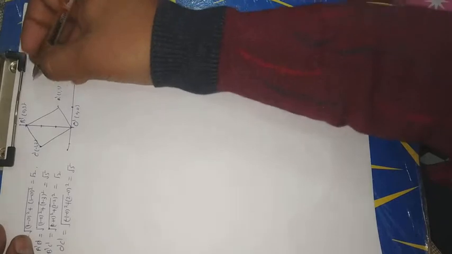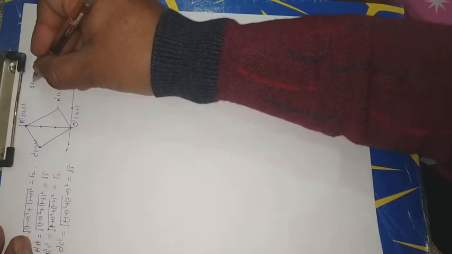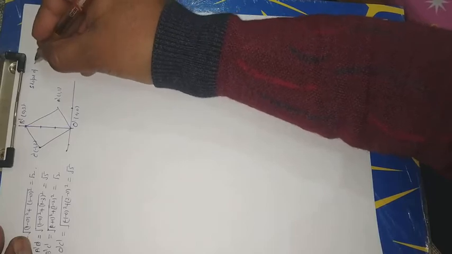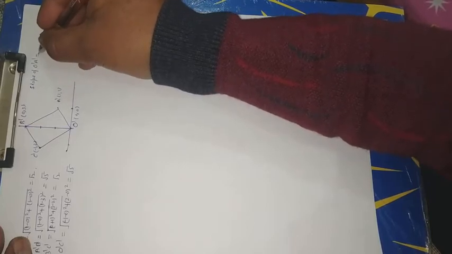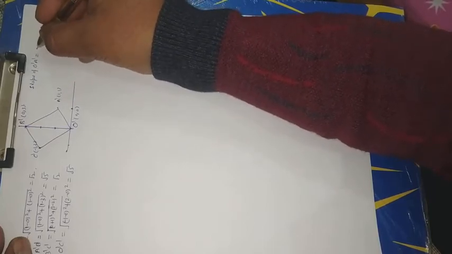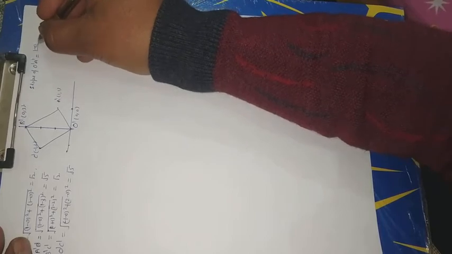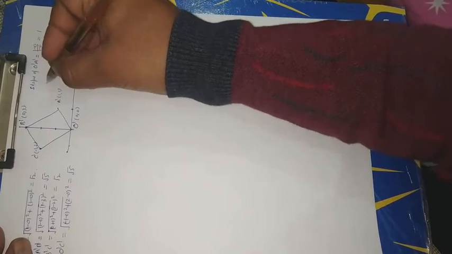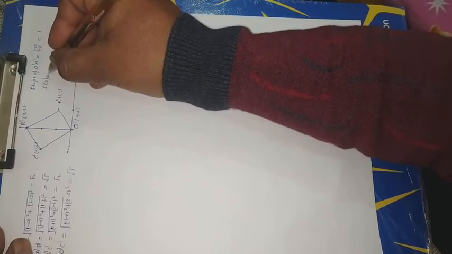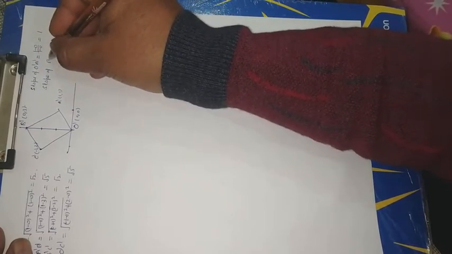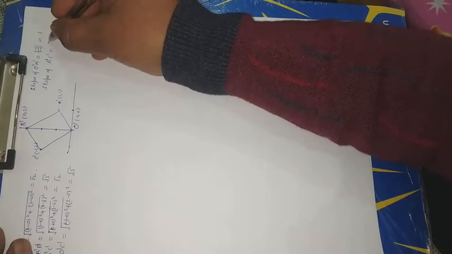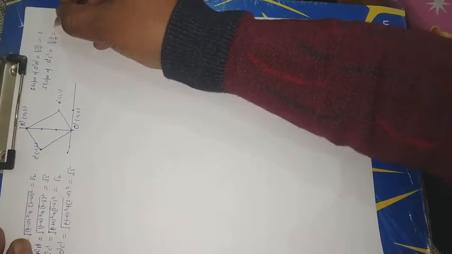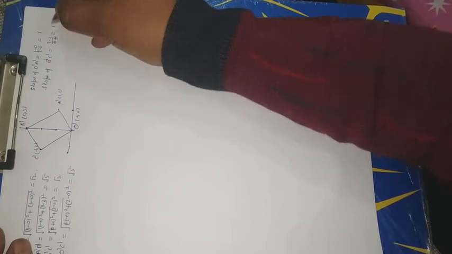Similarly, slope of O dash A dash is equal to (y2 minus y1) upon (x2 minus x1), that is (1 minus 0) upon (1 minus 0), which is equal to 1. Now slope of B dash C dash is equal to (3 minus 2) upon (0 plus 1), which is equal to 1.